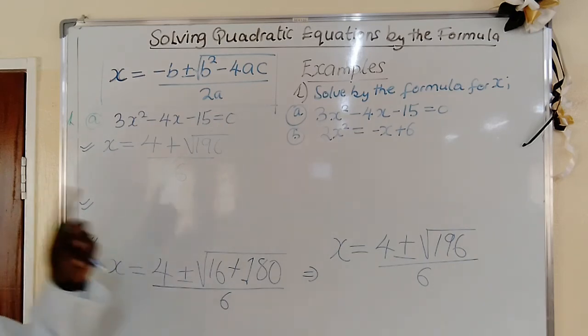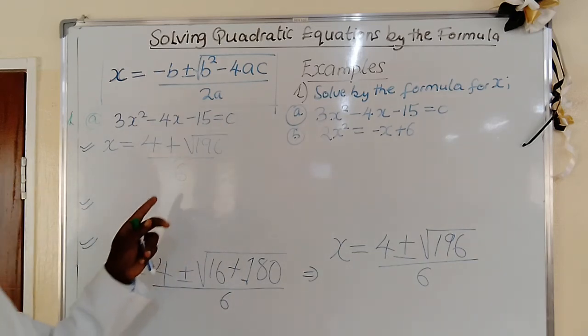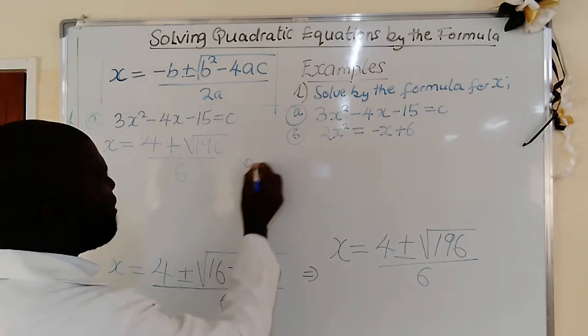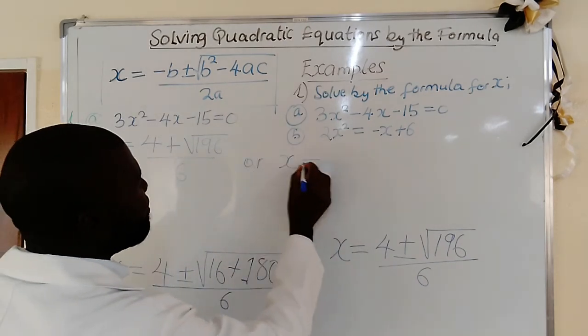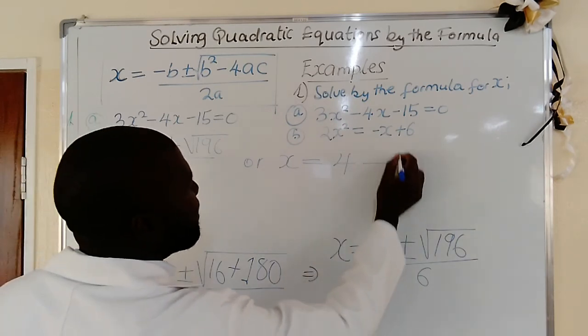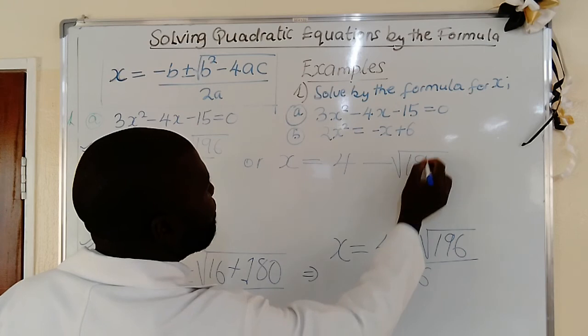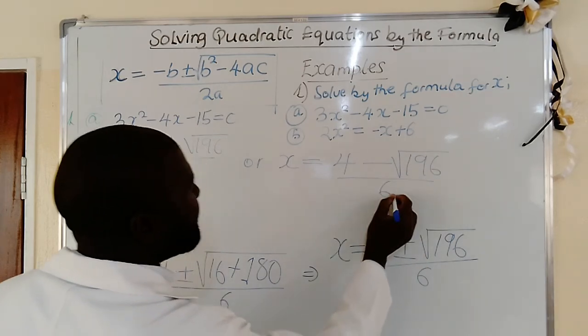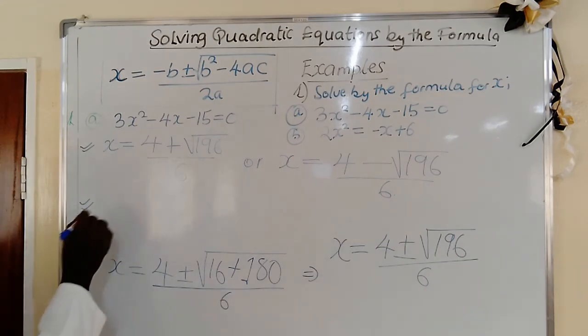One value of x, we shall get it by evaluating this one. Then the other value, we shall get it from 4 minus the square root of 196, everything over 6.